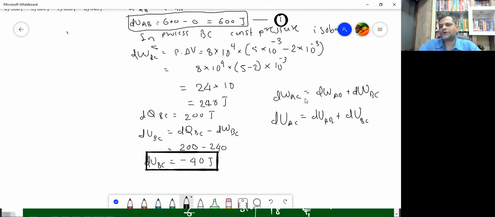No, this is wrong. इवन dq के बारे में भी ऐसा नहीं बोल सकते हैं. dq in the process of AC is equal to dq in the process of AB plus dq in the process of BC. They are path functions, and that's why we cannot use this formally for the path functions here. We can use this only for the state function because it depends on initial state and final state.